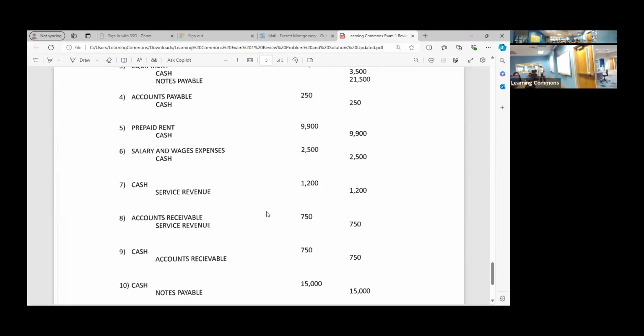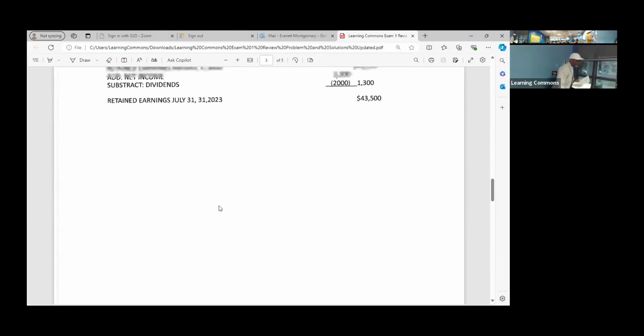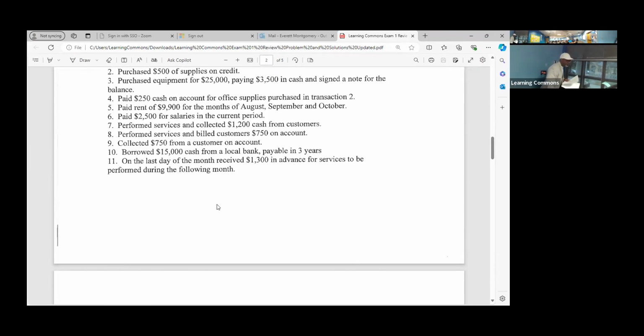Number 10 says you borrow $15,000 cash from a local bank, payable in 3 years.